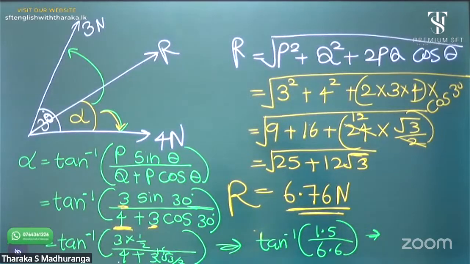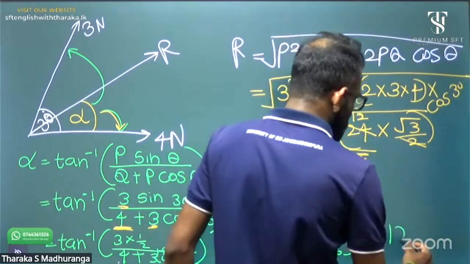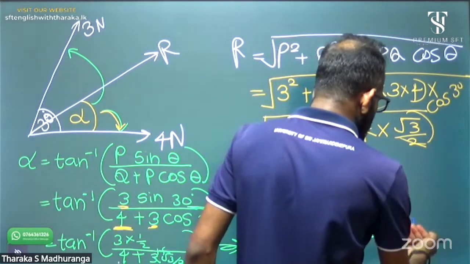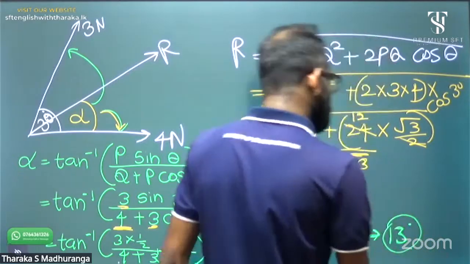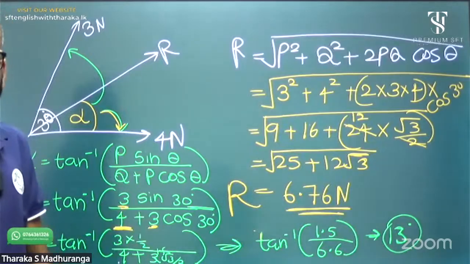Shift tan, 1.5 over 6.6. It is 12.8, approximately 13 degrees.